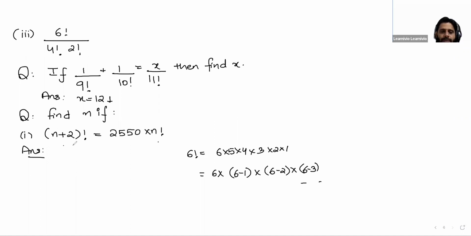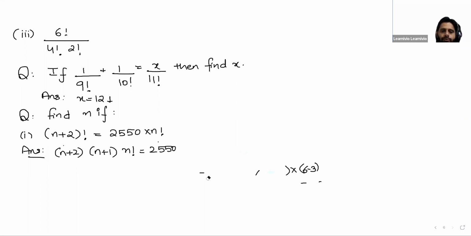Now this is n plus 2 factorial. If we expand this, then that will be equal to n plus 2, then n plus 2 minus 1, that means n plus 1, then n plus 1 minus 1, that means n factorial. So n plus 2 factorial is equal to n plus 2 into n plus 1 into n factorial, and the right side is 2550 into n factorial.